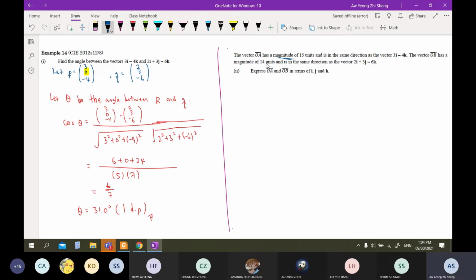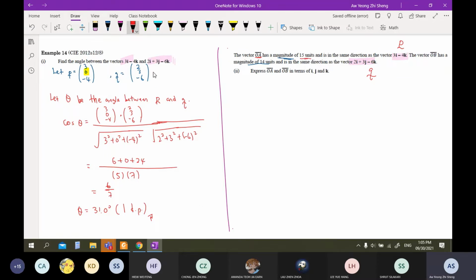The vector OB has a length of 14 units in the same direction as 2i plus 3j minus 6k. Okay, so if you look at it carefully, it's actually the two same vectors as the ones involved in part 1. So the first one, 3i minus 4k, is actually the vector P that we named earlier. And the second vector here is actually the vector Q that we named earlier. So they say OA has a length of 15 and is in the same direction as P.